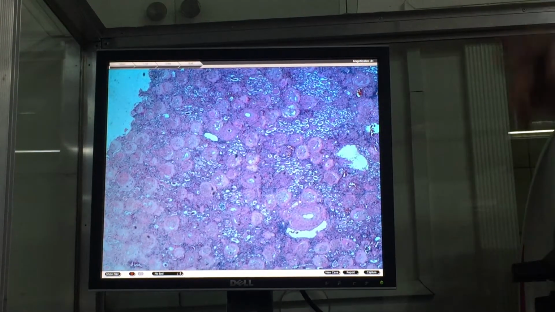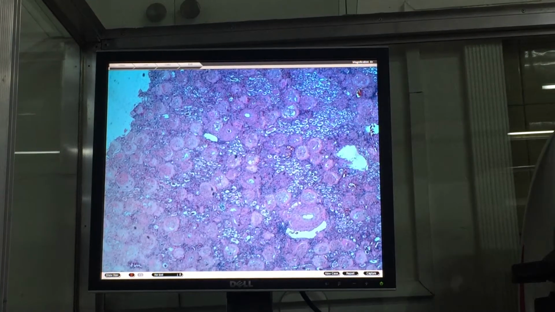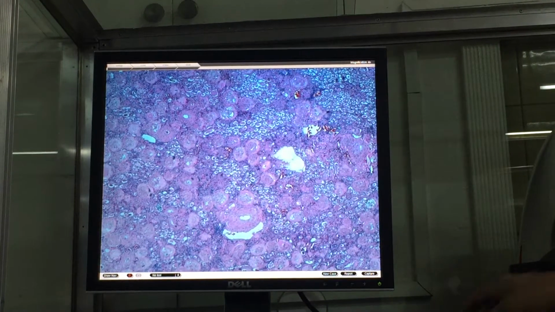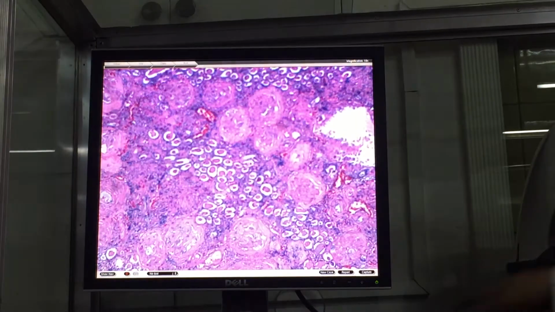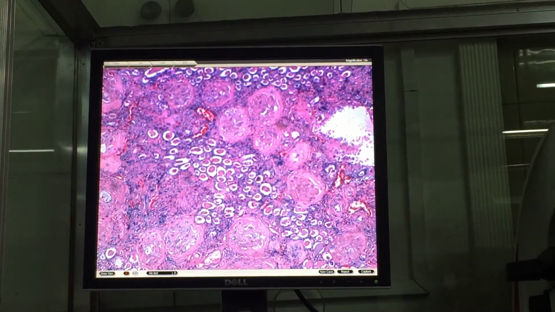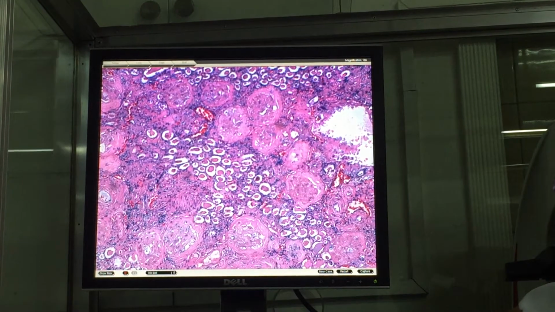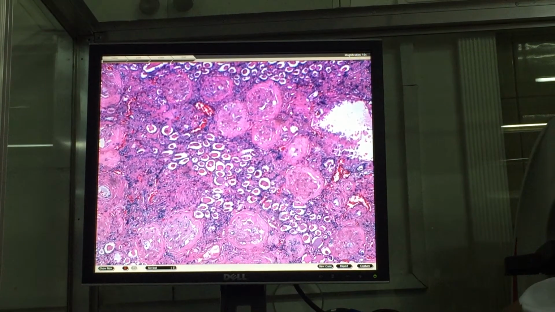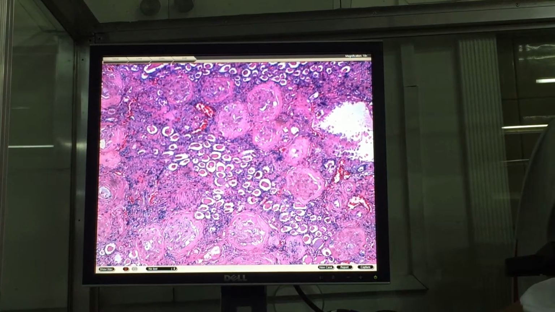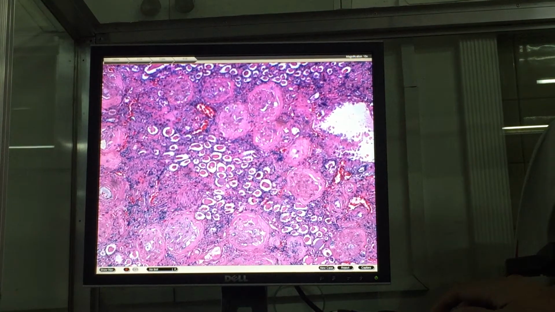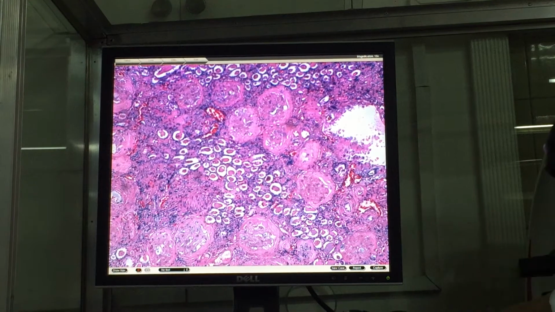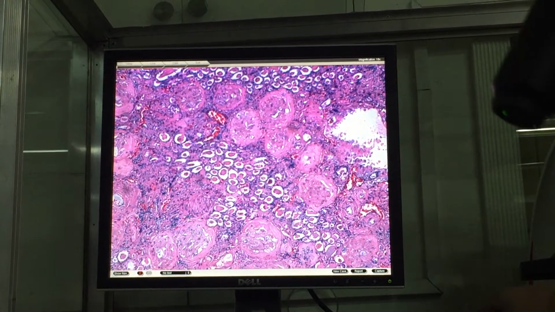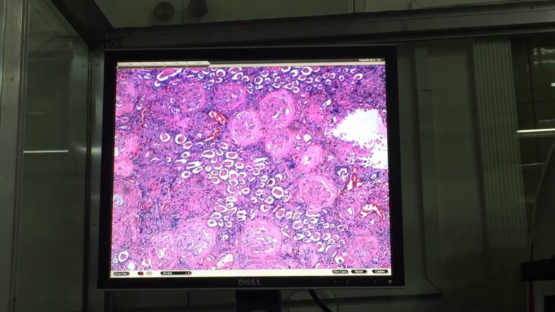Okay, those are your glomerulus, and those smaller areas, cystic areas filled with hyaline material, are actually your tubules. Okay, these tubules are filled with your casts. Okay, hyaline casts.